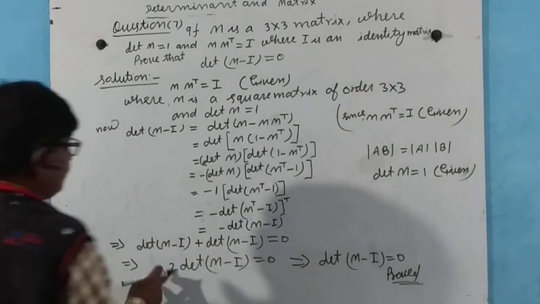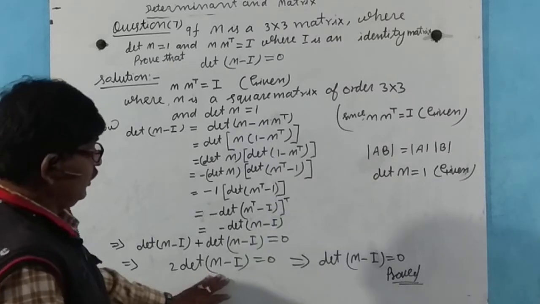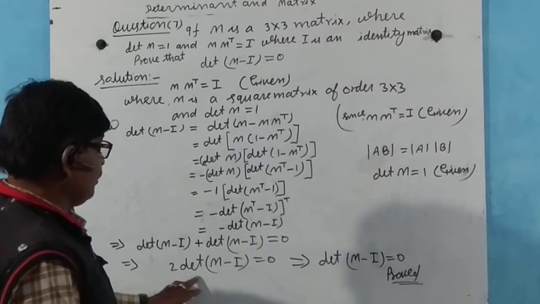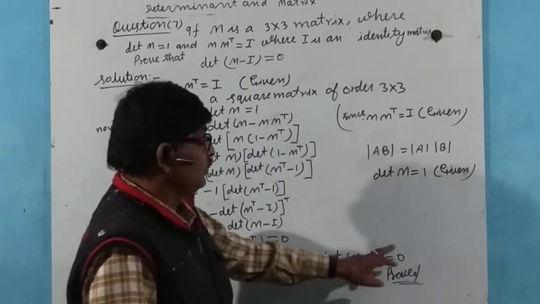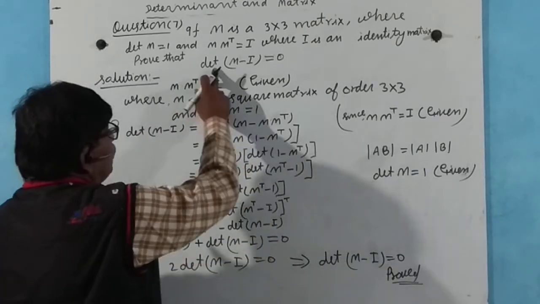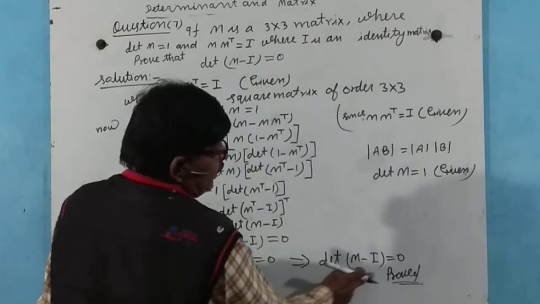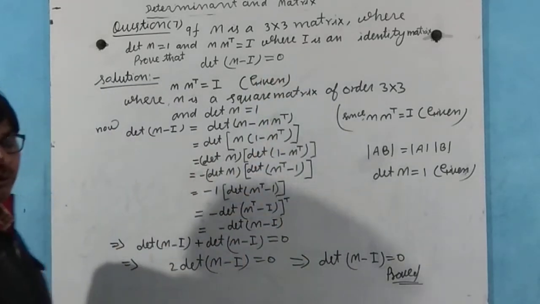This and this become 2 determinant M minus I equal to 0, so that determinant M minus I equal to 0, and we had to prove that determinant M minus I equal to 0, so this proves our problem.